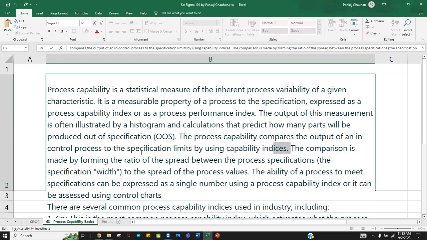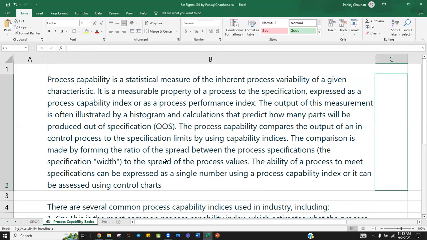The comparison is made by forming a ratio of the spread of the process specification, which is basically your specification width, the difference between the LSL and USL, to the spread of the process values, which we measure in the form of standard deviation.